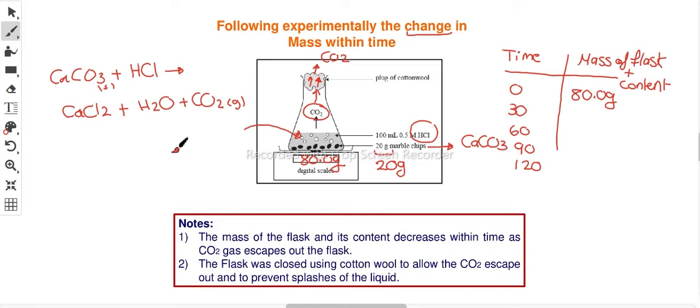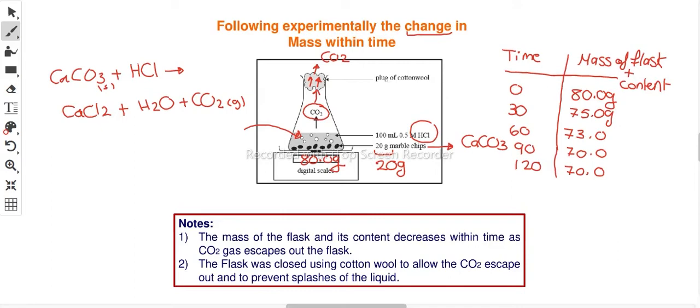Suppose the number comes to 75, then it decreased to 73, then it becomes 70, and another time it becomes a constant 70. So this is an indication that the chemical reaction reaches completion.